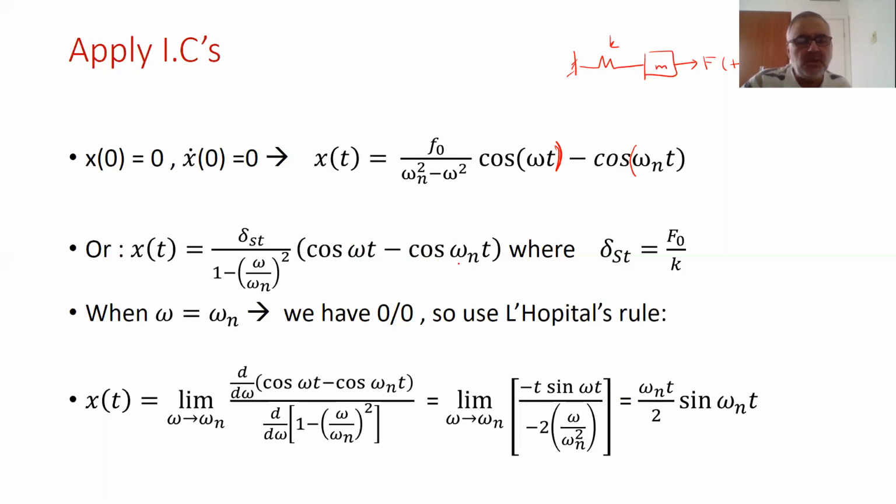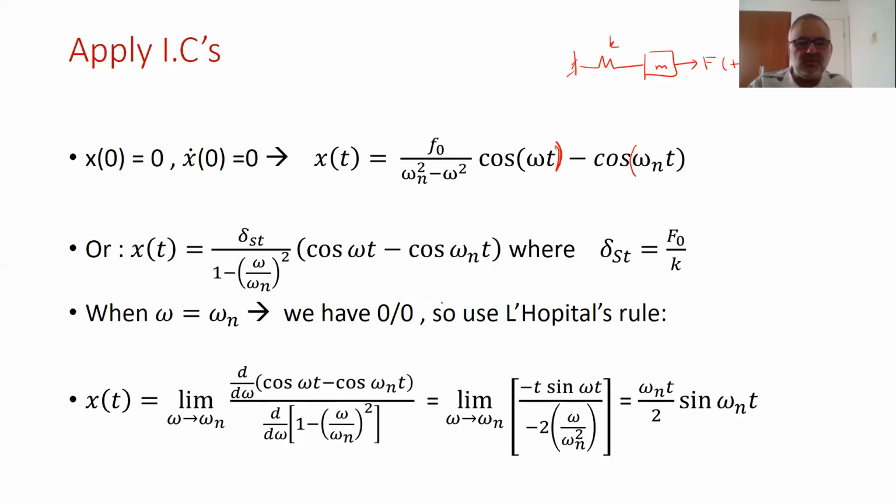The problem is when omega equals omega n. When omega equals omega n, as we see over here, 1 minus omega over omega n is 1, 1 minus 1 squared is 0. And then on the top you have omega equals omega n, again gives you a 0. So we have a 0 over 0, which is indeterminate.